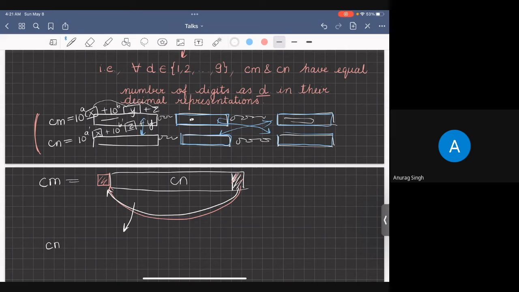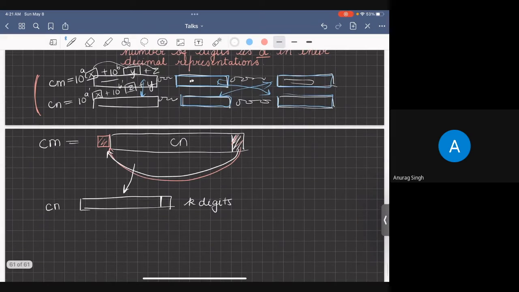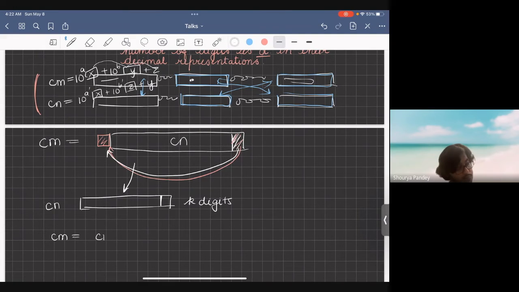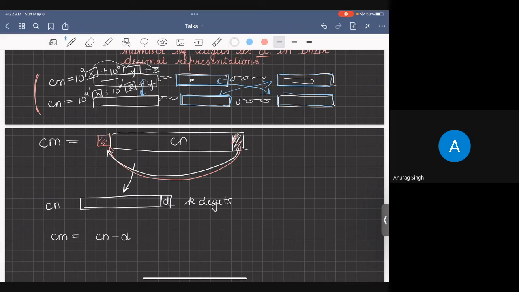Suppose that Cm is equal to Cn minus that last digit d, plus 10 to the k times d.